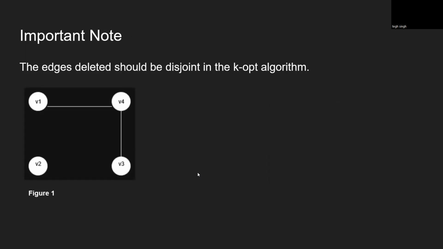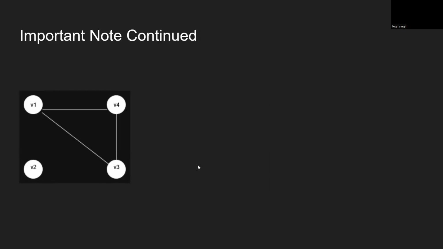One important thing to note is the edges should be disjoint. If the edges deleted are not disjoint, then we'll end up with something like figure 1. Now, if we connect V1 to V3, we're going to have a subtour, and in this case, V2 isn't included in our tour, and that's a bit of a problem.